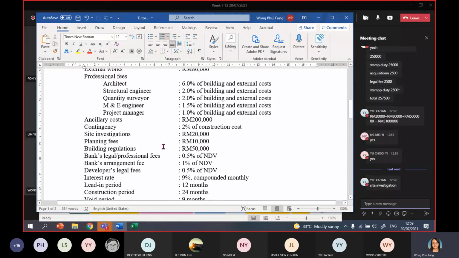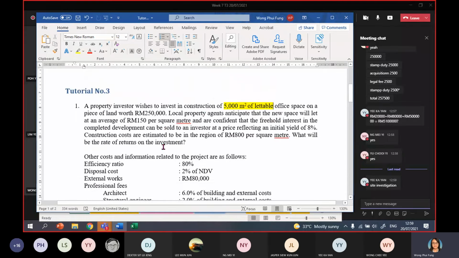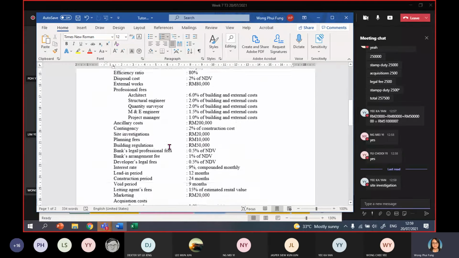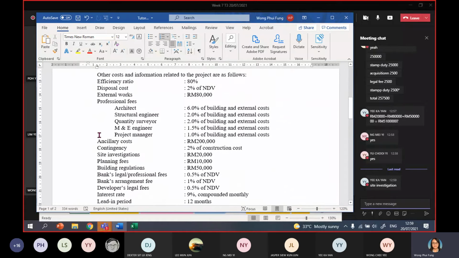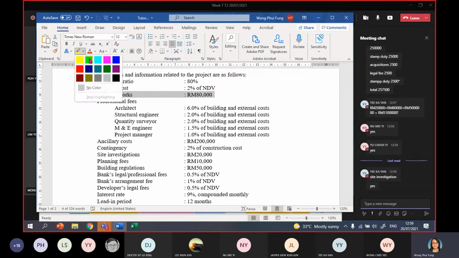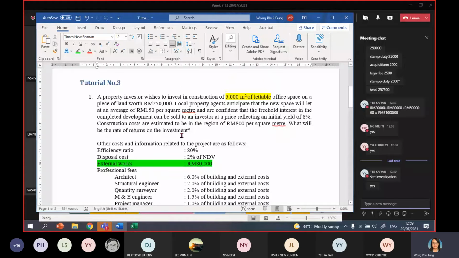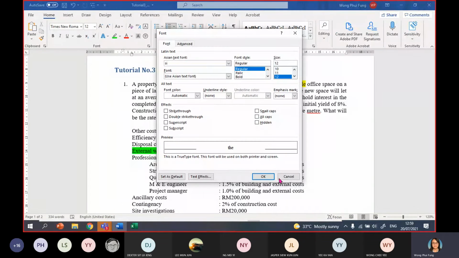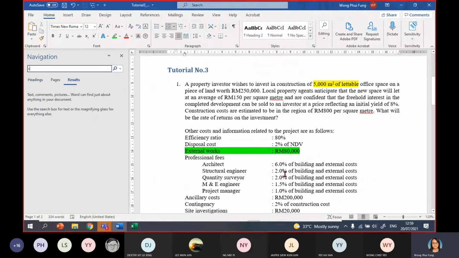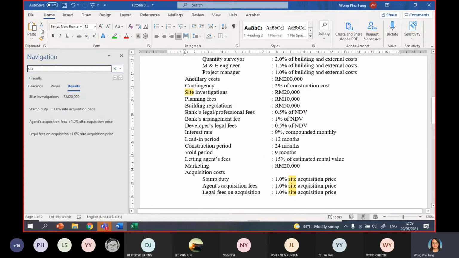Do you see any site investigation here? Any one of you can see site investigation? Don't scare me. Got site investigation? Wow, really? Okay.